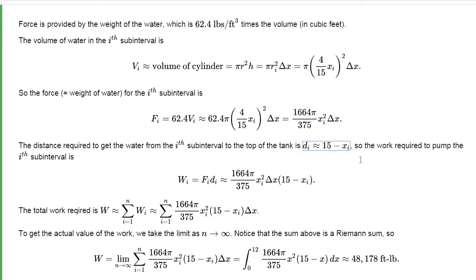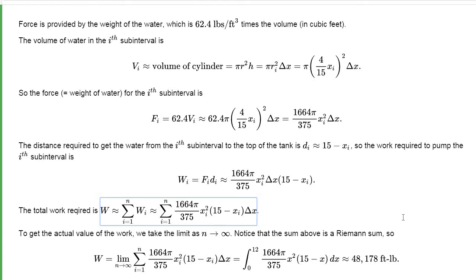So the ith subinterval actually takes up a little bit of space, but that's okay. So the work required is force times distance. So it's approximately, here's the force, which is the weight. Here's the distance, which is 15 minus x sub i. The total work required then is approximately the sum of all the works for the ith subinterval, which is approximately this sum.